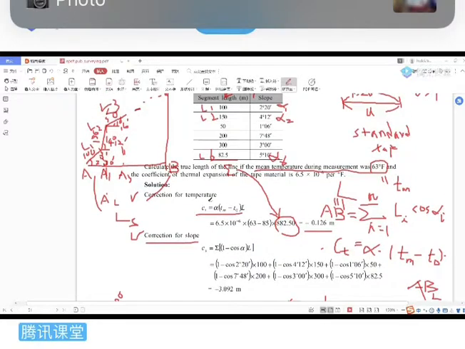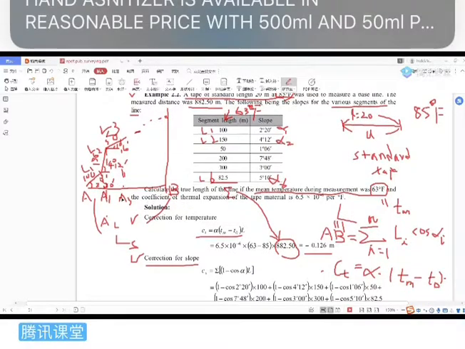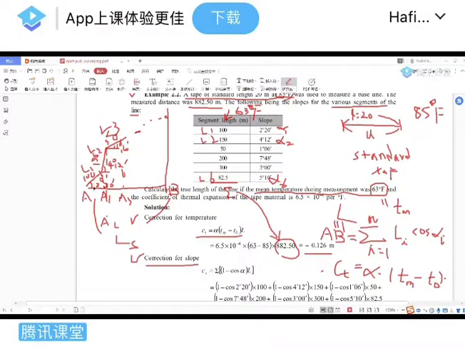And by the way, maybe if you are acute, you will raise one question as well. How come you only correct the distance rather than the angles? Why do you believe the angle is absolutely correct? We don't, but we cannot do everything all together. We have to do it bit by bit.